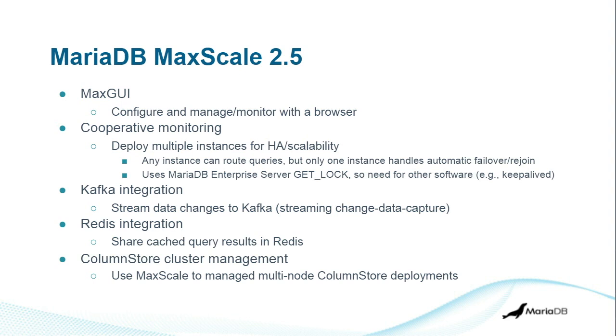Cache warming can be instantiated from another instance, for example, and then shared with the remaining MaxScale nodes. MaxScale clustering features were also greatly increased and are now in charge of ColumnStore multi-node cluster management. So many more features are included in MaxScale in this new release.